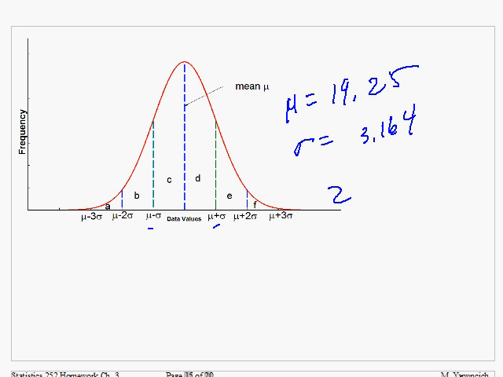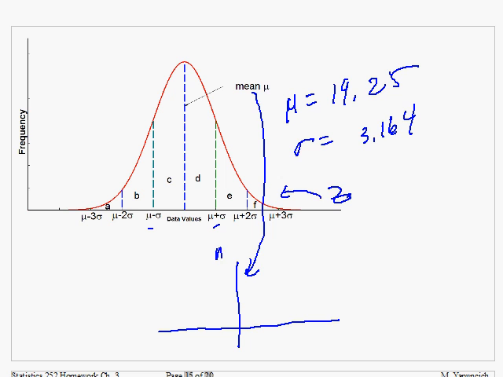The z-score takes all these numbers and rescales them so that the mean turns out to be right at 0. So your mean is going to be at 0, and the standard deviation becomes 1.